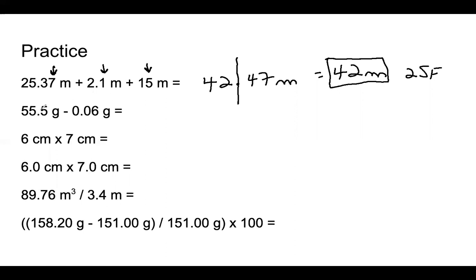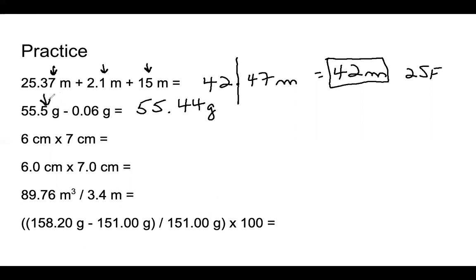All right, our next one, 55.5 minus 0.06. So when we do that, we get 55.44 grams on our calculator. It's subtraction. We look at the estimated digit place in each of our measurements.